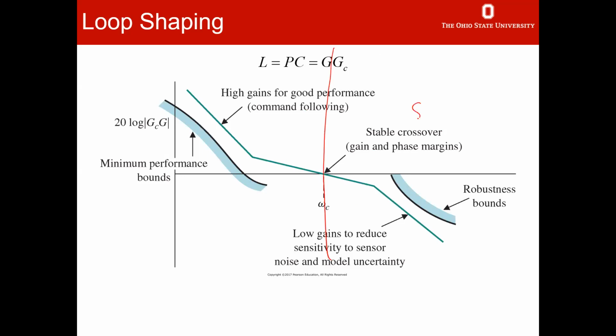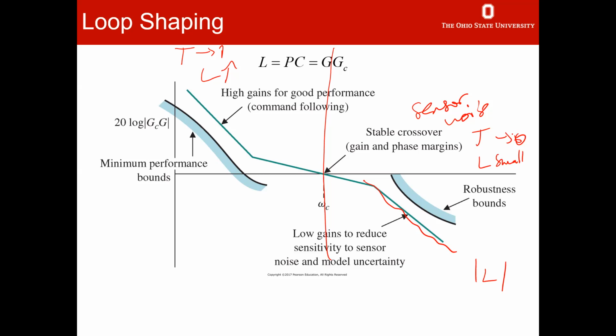If my sensor noise is here, I can actually reduce my magnitude of L and hence L itself and not respond to sensor noise. And at low frequencies, I can make sure that L becomes large such that my T goes to 1. Here, my T goes to 0, L small.